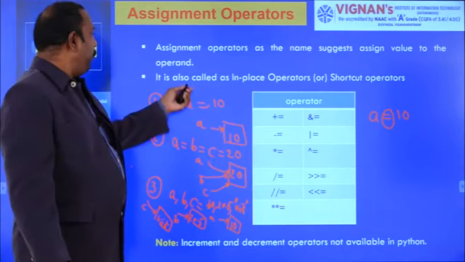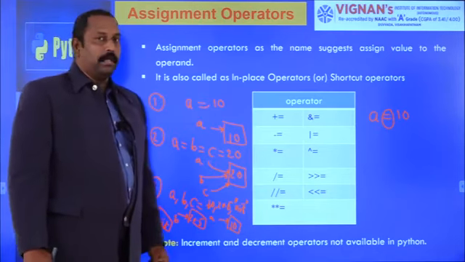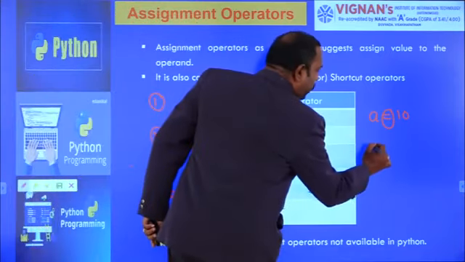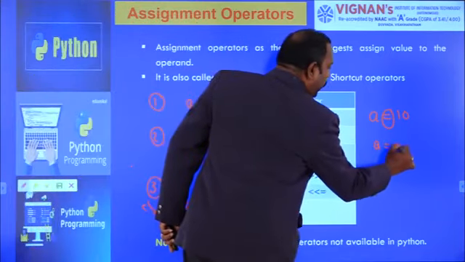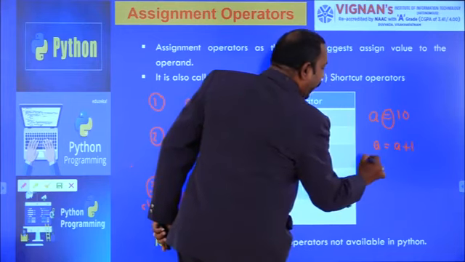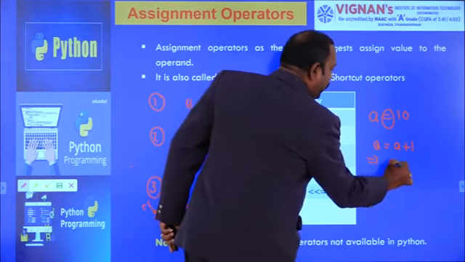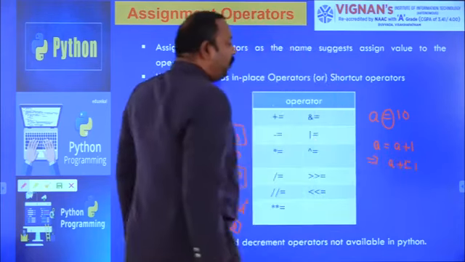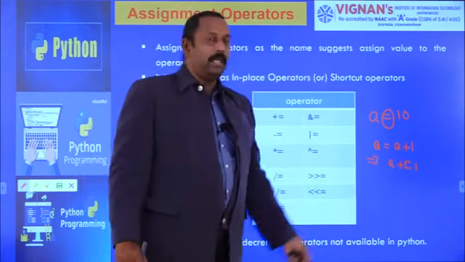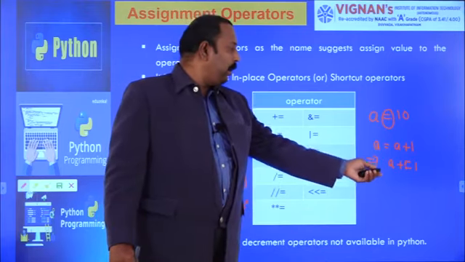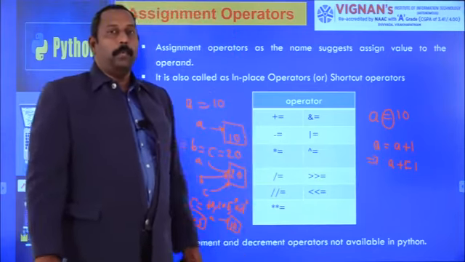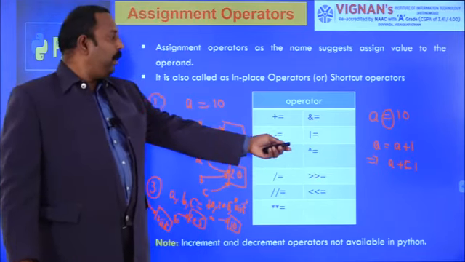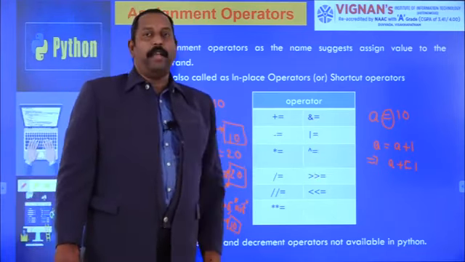When coming to the shortcut operators, in Python, a equal to a plus 1 can be written as a plus equal to 1. So this is a shortcut method. Both will be considered the same. The interpreter will evaluate both as an increment of a's value by 1.